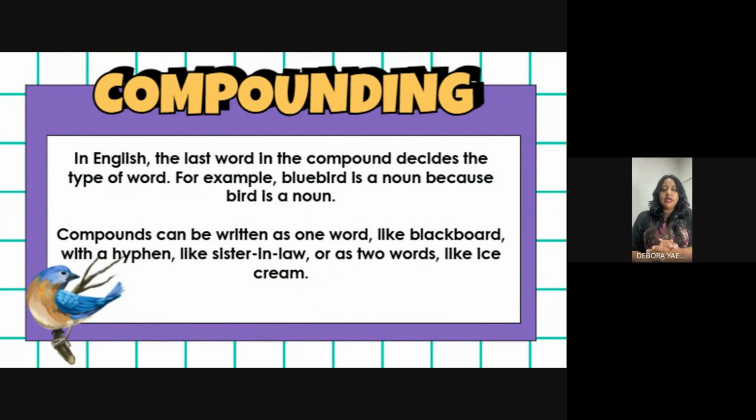And a compound can be written as one word, like blackboard, or with a hyphen, like sister-in-law, brother-in-law, or mother-in-law. Or as two words like ice cream. And compounding is very common in English because it is used to create new words like Bitcoin and digital detox. Thank you.